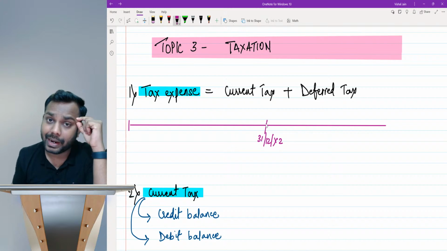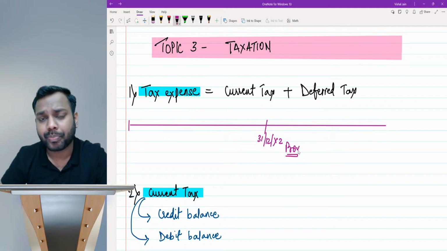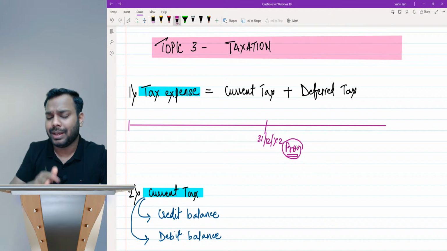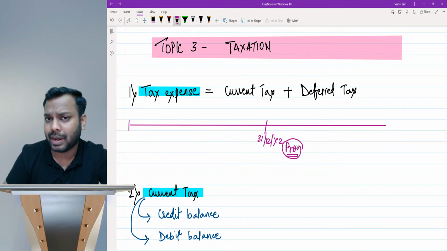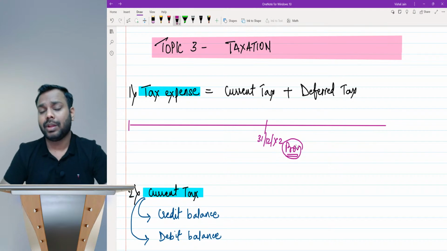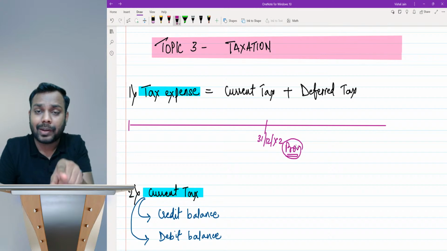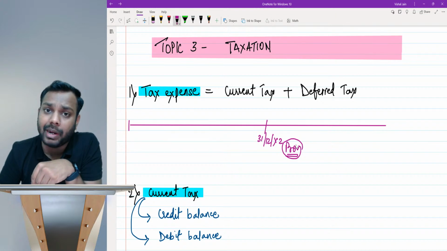After the year end, we'll definitely make a provision of the amount of tax that will be payable, right? But tell me, the provision that we make, is it a certain amount, is it final? No, that is the estimate that the entity makes, which is subject to review by the income tax department.